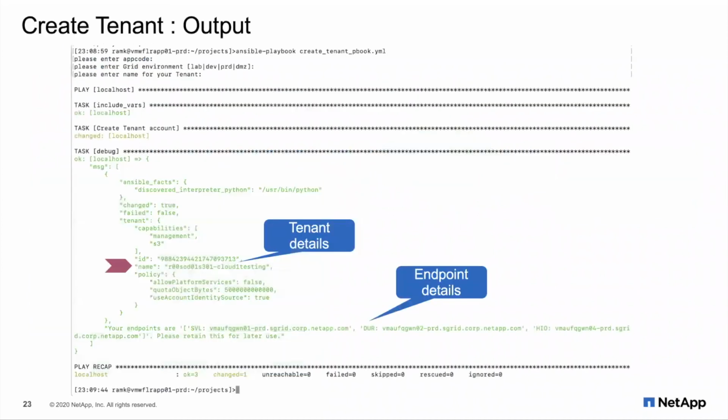And this is the output for you. It creates the tenant if it's successful and provides all the details. This is just the output of the module. We don't have the complete playbook. We will cover that at the end of this presentation. So right now we'll just look at the function of each module.